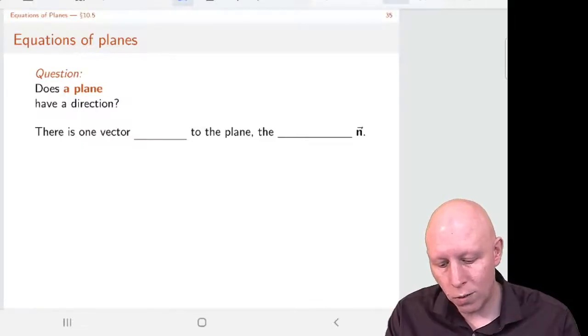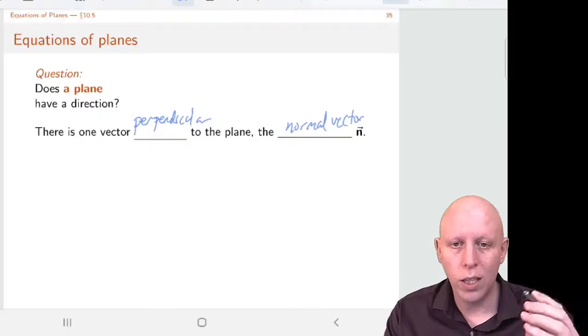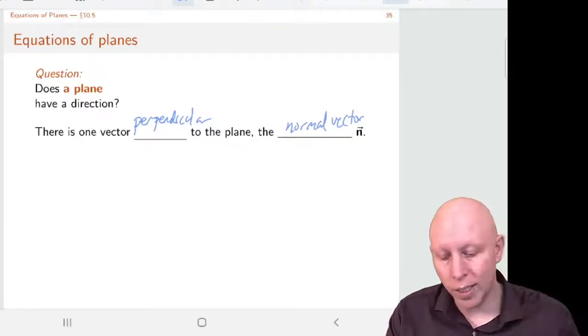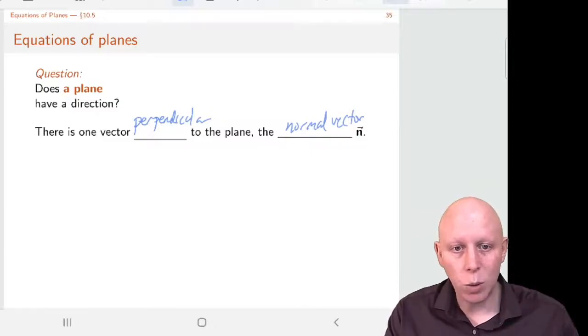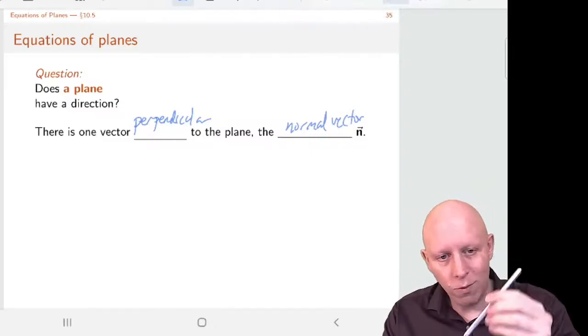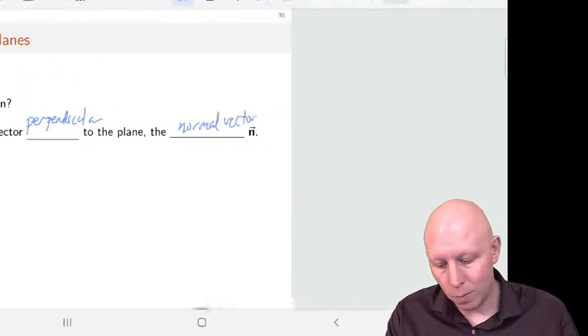So there's one vector that is perpendicular to the plane. It's called the normal vector. So normal is another word for perpendicular here. So we're going to be talking about the normal vector to a plane, and that's that vector that is perpendicular to the plane.